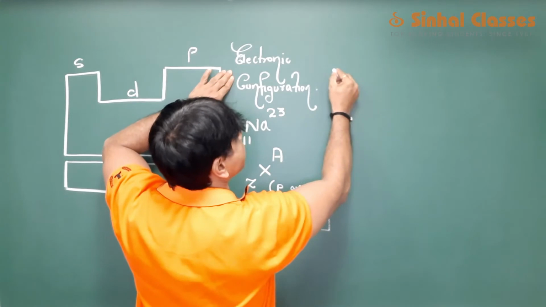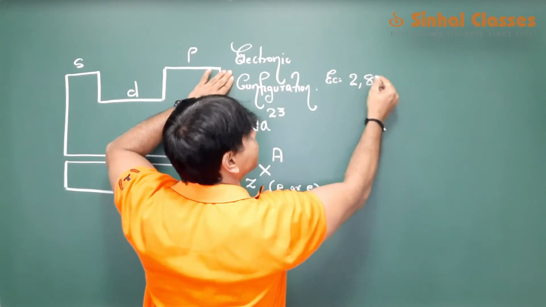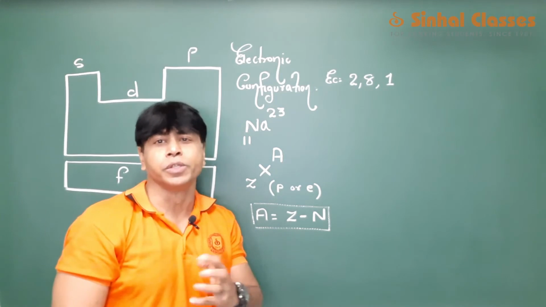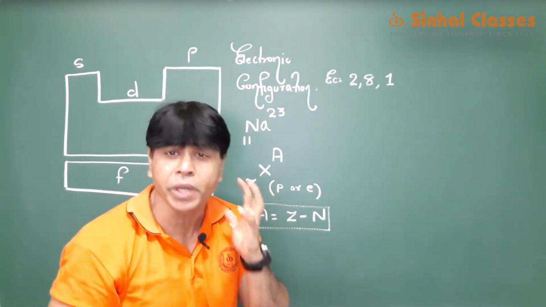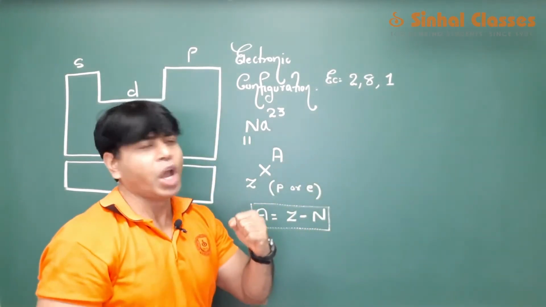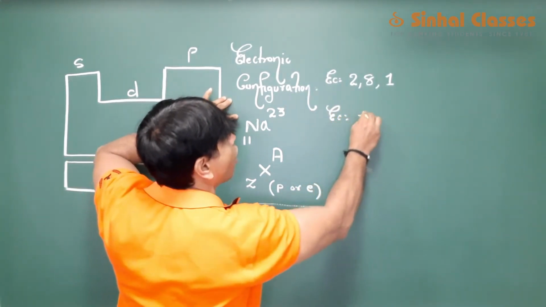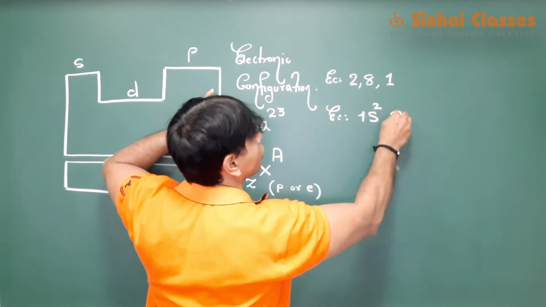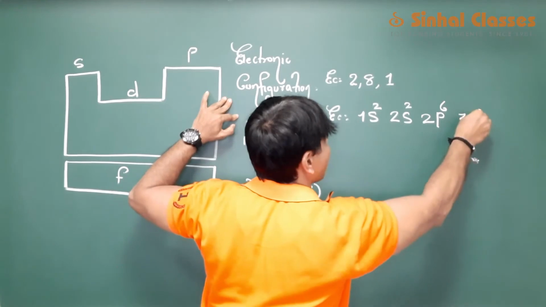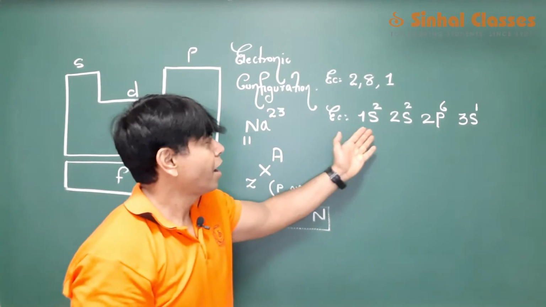In your schools, you must have written it as 2, 8, 1. But now, since you have entered a higher standard, you can write the same electronic configuration in this form: 1s2, 2s2, 2p6 and 3s1. Now you must be wondering, how come?